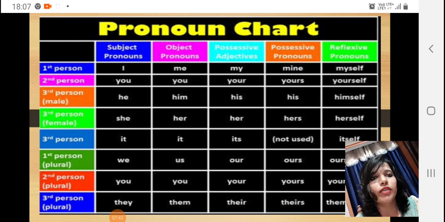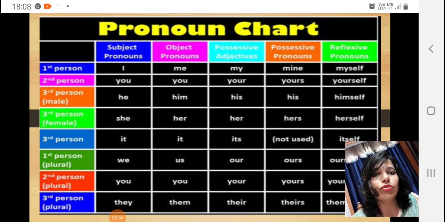If you want command over pronouns, then at least you have to prepare this particular chart. Then only you can easily differentiate between first person, second person, and third person, and how their usage is in sentences. Okay, so that way you can understand.